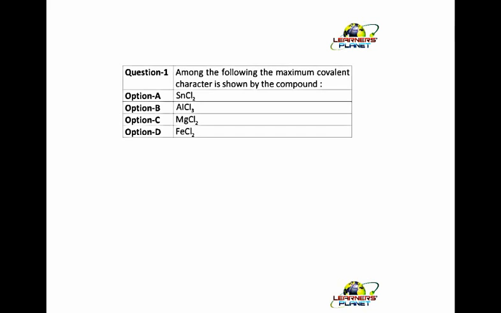For example, if this is your cation, say Li plus, and I have got a big anion, the Cl anion. This cation causes distortion in the anion.